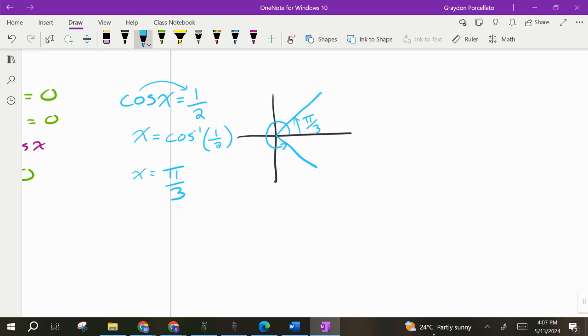To figure out that angle, I'm going to go 2 pi minus pi over 3, and that's equal to 6 pi over 3 minus pi over 3, which is 5 pi over 3. So that angle there is 5 pi over 3. That's my other solution. So those are my two solutions there.